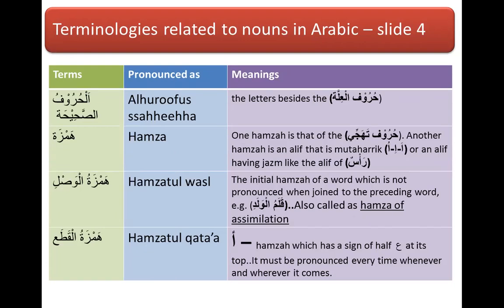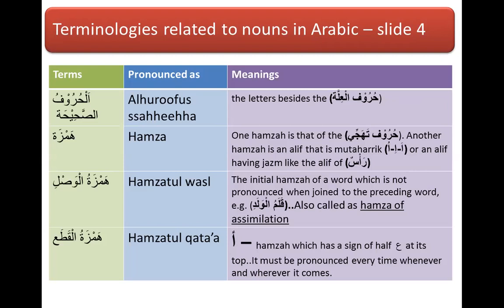Next term is Hamza. There are two types of Hamzas. One Hamza is present in Hurufu Tahajji, and another Hamza is Mutaharrik.